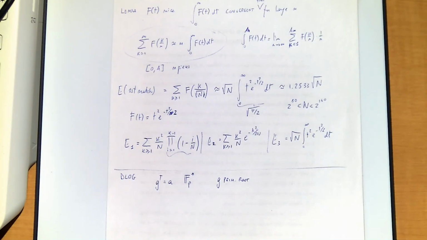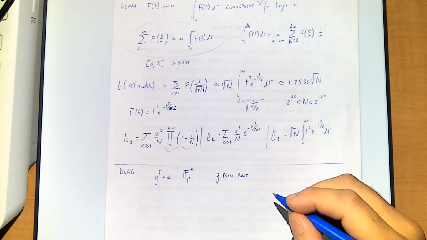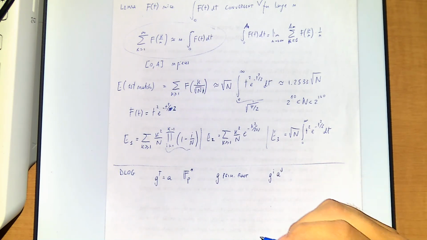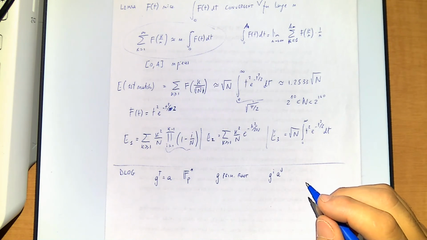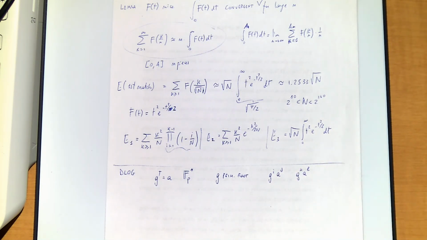And, okay, so the idea is that we want to find a collision. And again, I really like this algorithm, it's quite clever. So the collision is going to be a g to the i, a to the j type of element with, say, a g to the k, a to the l type of element. Okay, so that's how we build our lists. And the idea is that we know these four exponents. Once we know these four exponents, we can just rearrange things, right?